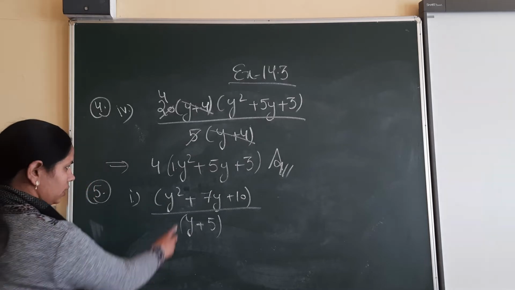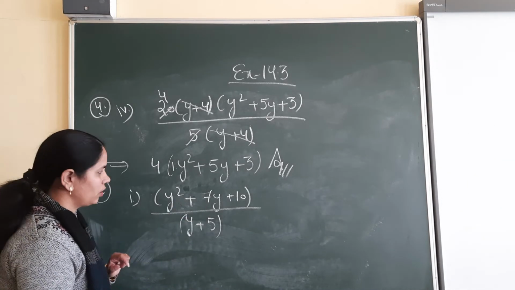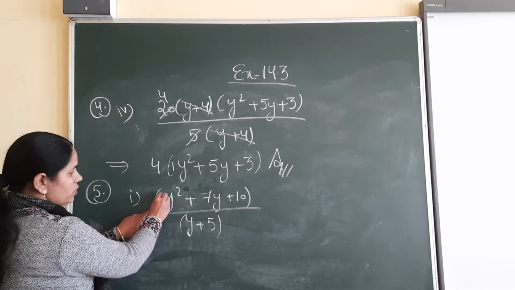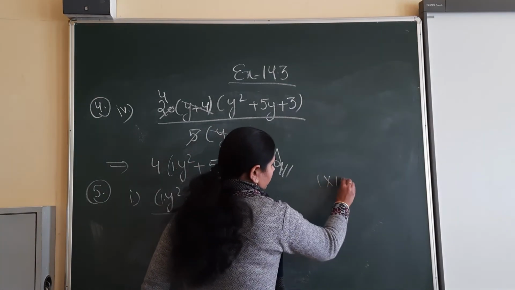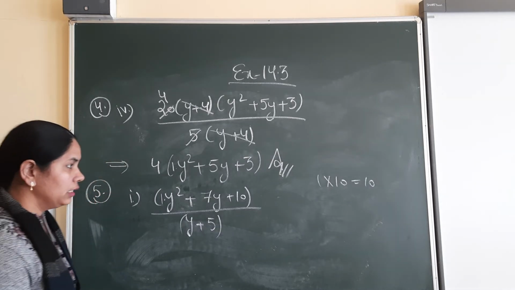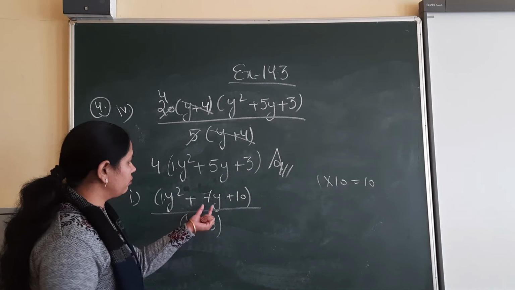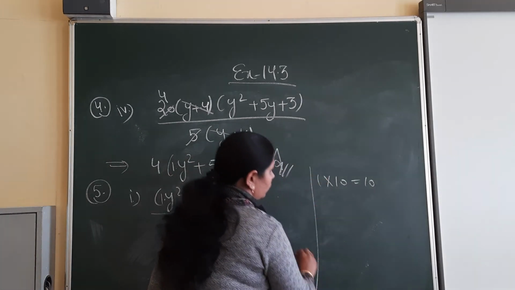Okay, so here this numerator we have to factorize by splitting the middle term. What we'll do, just check the coefficient of y square, that is 1 only. 1 into 10, that is 10. Now find out the factors of 10 so that the addition or subtraction of those factors will be equal to 7. So here I am finding factors of 10.